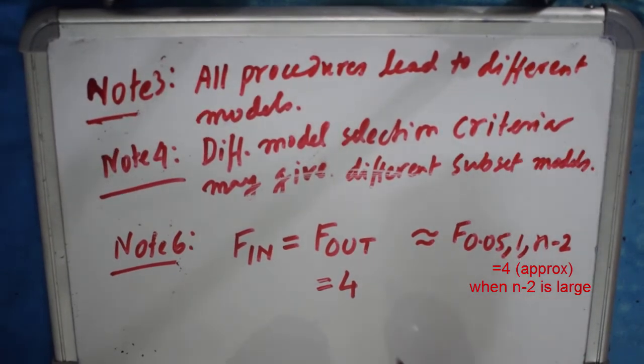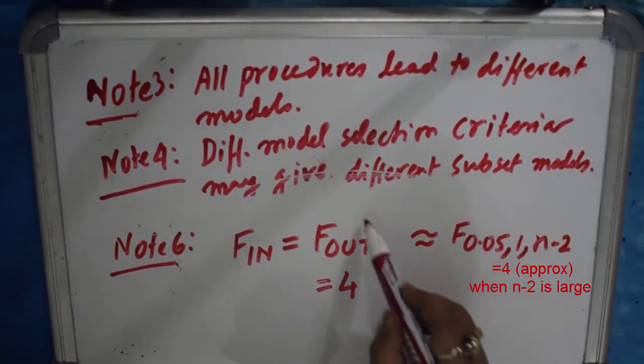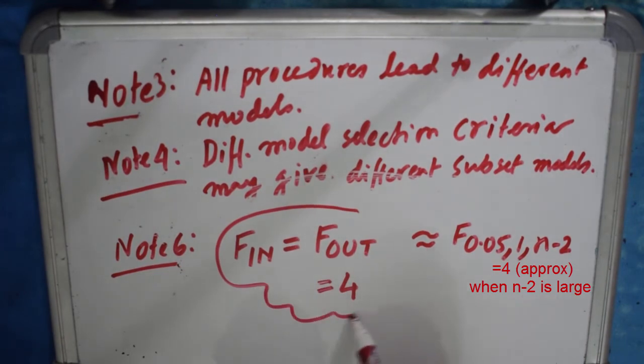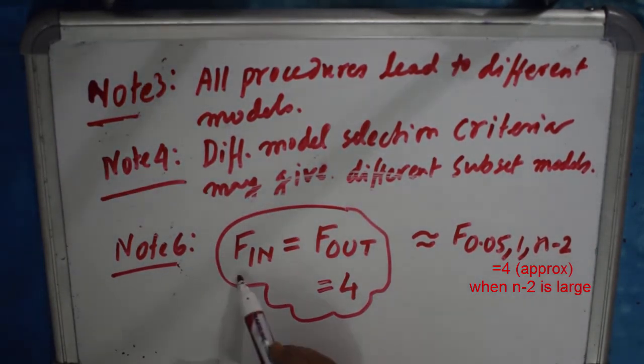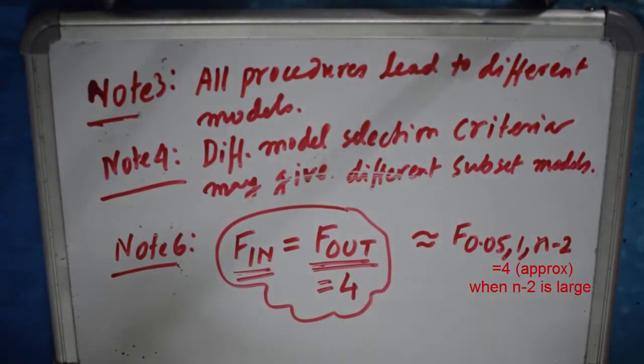So in most situations you can choose F in equal to F out equal to 4. Otherwise, the experimenter or practitioner may provide these values of F in and F out depending on their requirement. These are all about variable selection and model building.